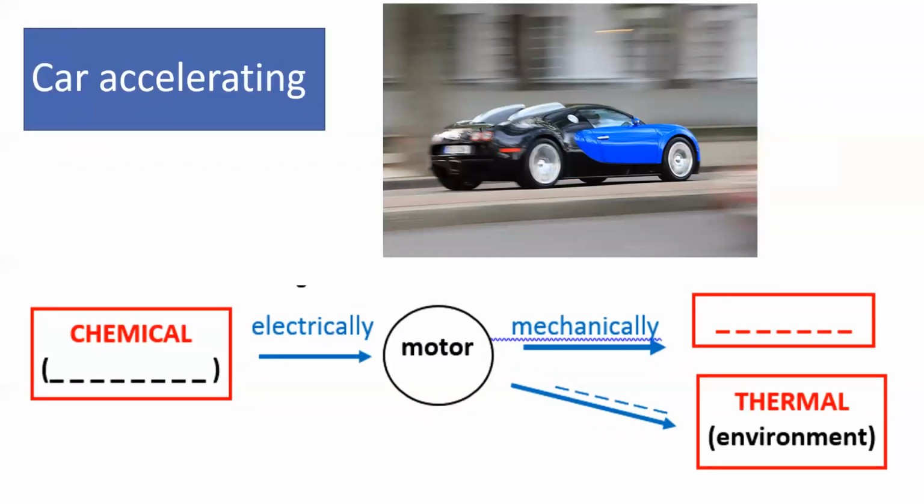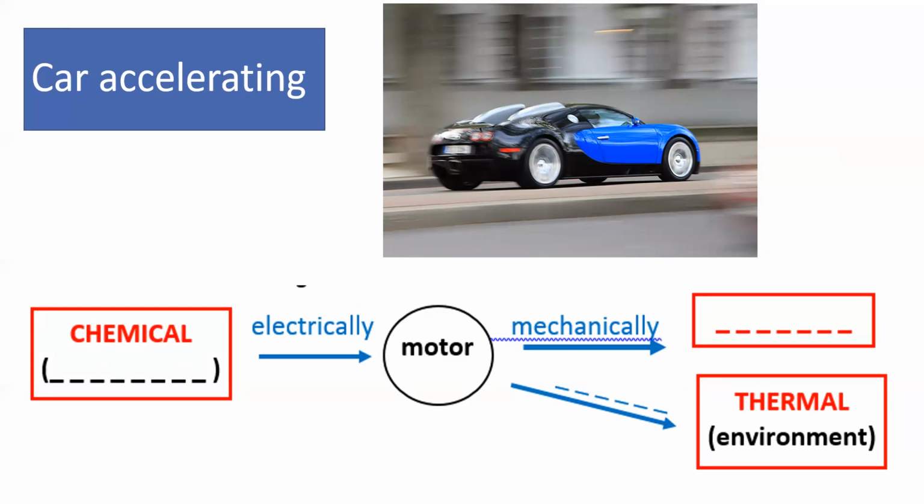Let's look at this one. A car is accelerating. What makes a car work? Without that thing, the car stops. It's fuel. And every fuel stores chemical energy. Food and fuel are stores of chemical energy. Now, the chemical energy is transferred or changed or flows in the form of electrical energy.